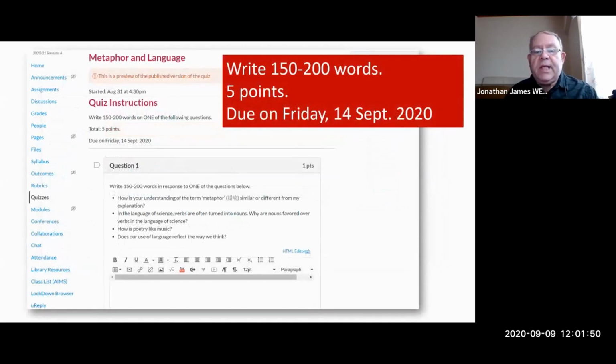This, though, is assessed, all right, the quiz, metaphor and language. Now, as I mentioned, 20% is by continuous participation, and that includes tasks like this. There will be 4 of them, and they are worth 5 points each, and it's a rather short task.